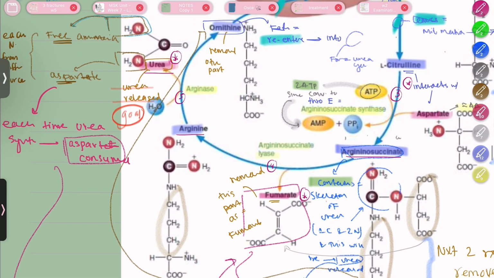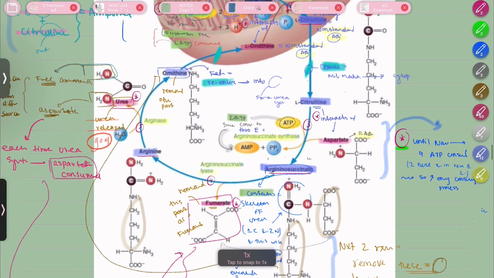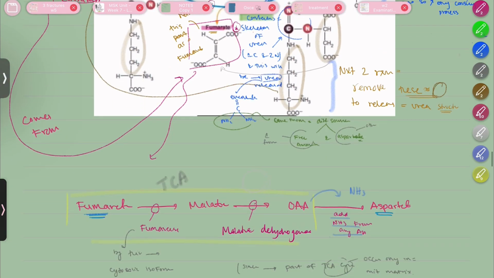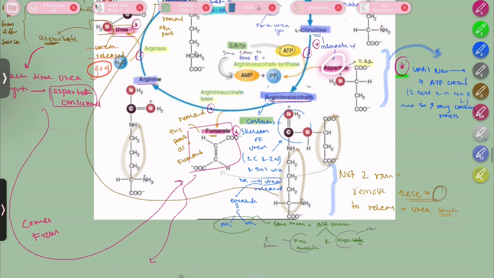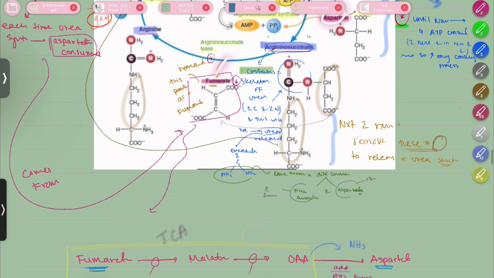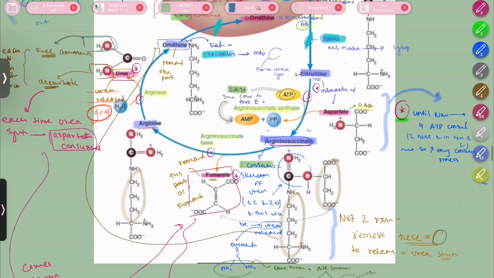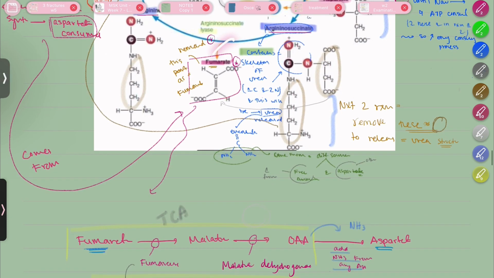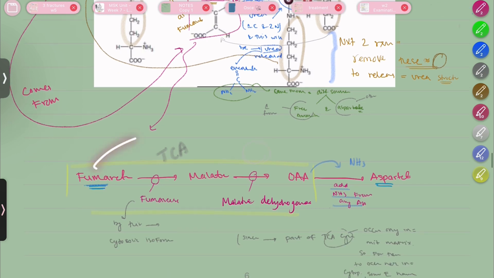Now, as I mentioned earlier, if you remember, I said that the aspartate over here is formed from the fumarate that is released from here. So how is that? Basically, once fumarate is released, in order to get this urea cycle to proceed, it needs to form the aspartate.